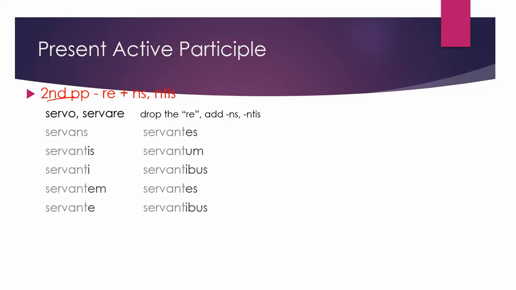So remember, it's the 2nd principal part, or the infinitive. We've dropped the RE, and then we've added NS and NTIS. The NS just makes it the nominative singular. Like other 3rd declension adjectives, the nominative singular is the word in that chart, and that's really all it's good for.